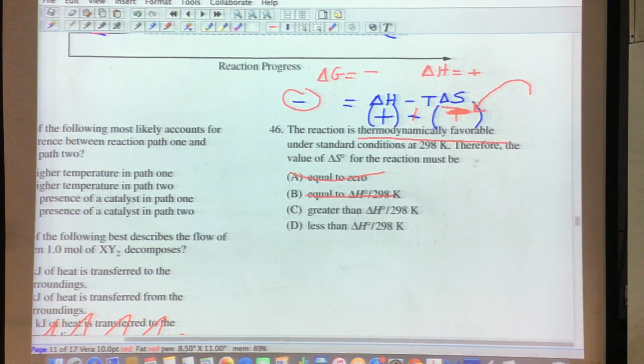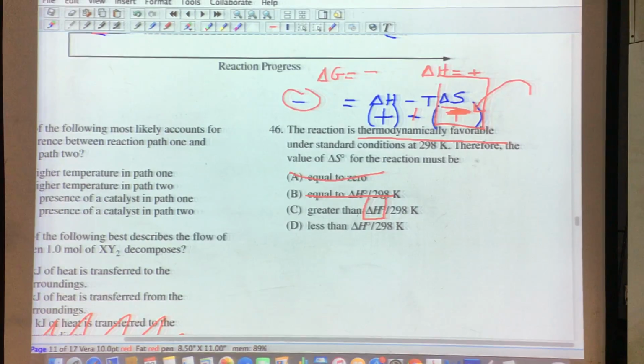If this whole expression was 0, delta G would be positive, right? If this was equal to delta H, then delta G would be what? Positive. So this value has to be greater than delta H.